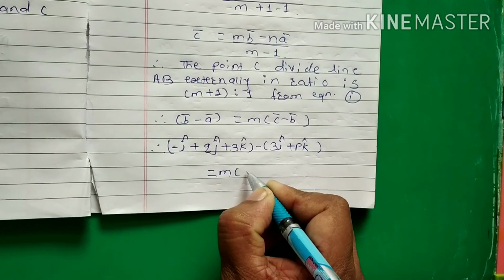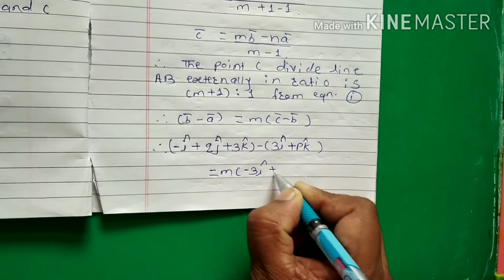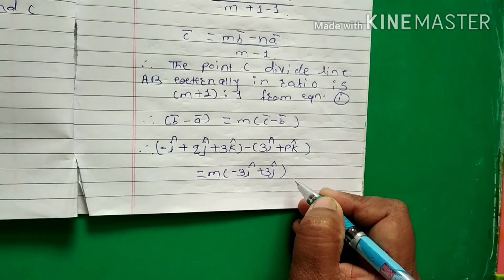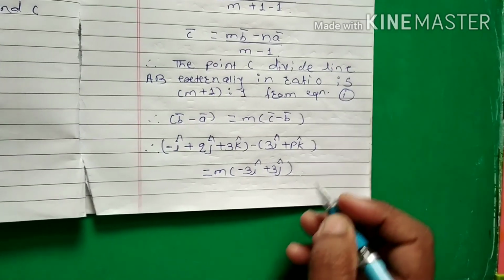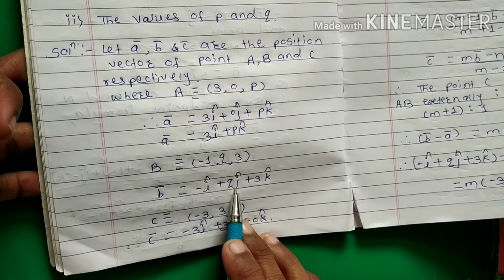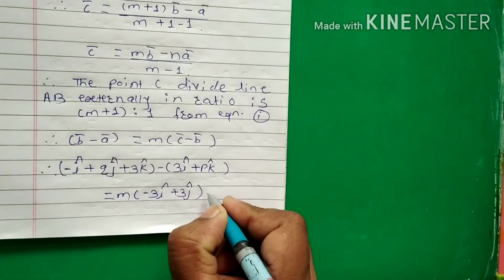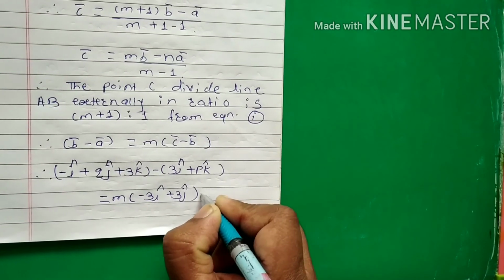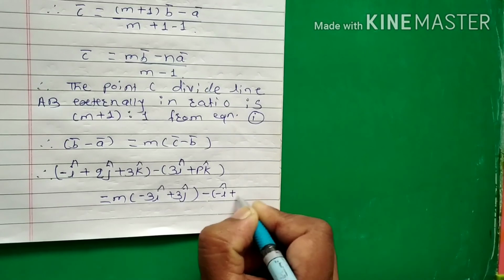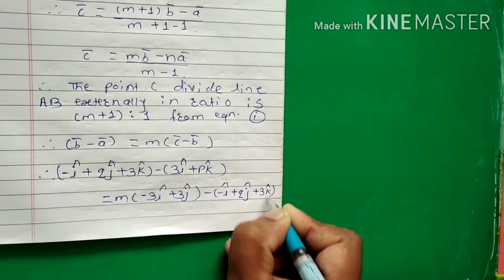M in bracket minus 3 i cap plus 3 j cap, and minus B bar, the value of B bar is, we know, minus i cap plus Q j cap plus 3 k cap. Then we write here minus, in bracket, minus i cap plus Q j cap plus 3 k cap.